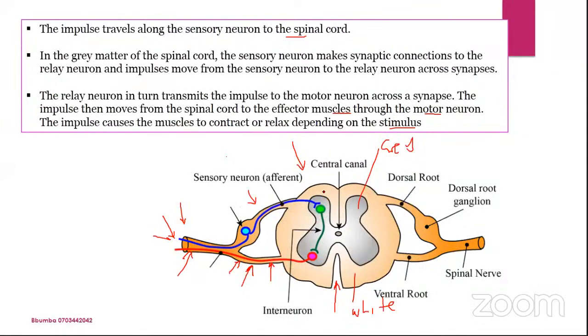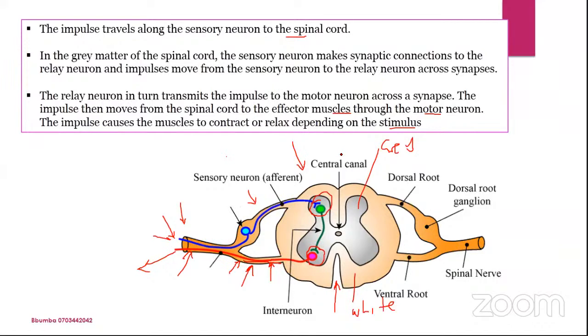Then you can see how it is synapsing with the red neuron in the gray matter. Are you seeing how it is synapsing? Okay, and then you can see how the red neuron is synapsing with the motor neuron. Are you seeing how it is synapsing? And then the motor neuron goes via the ventral root up to the effector organ. Okay.